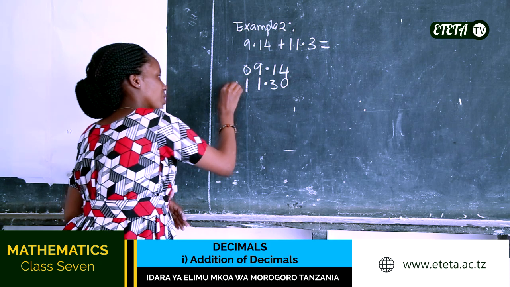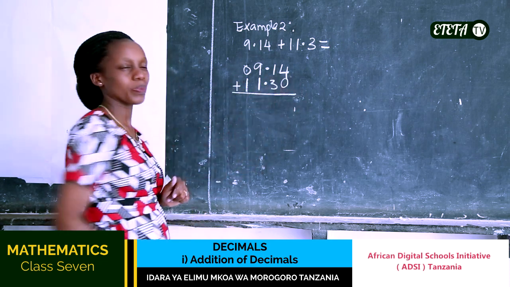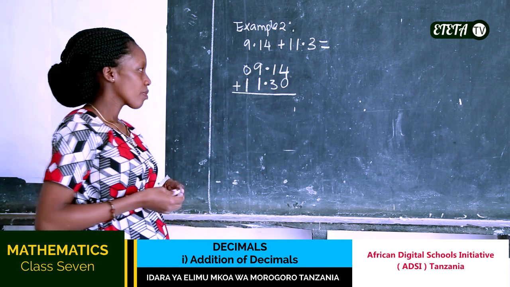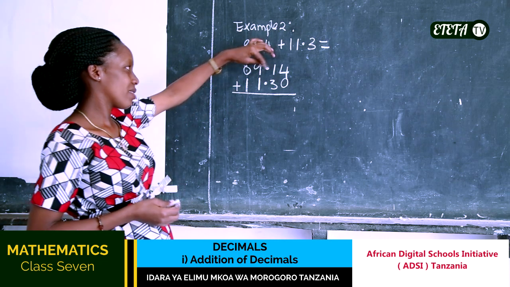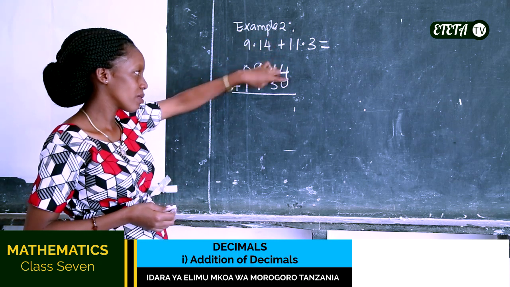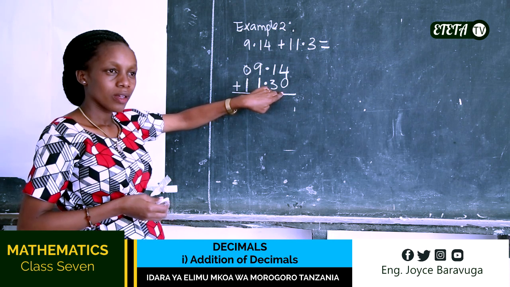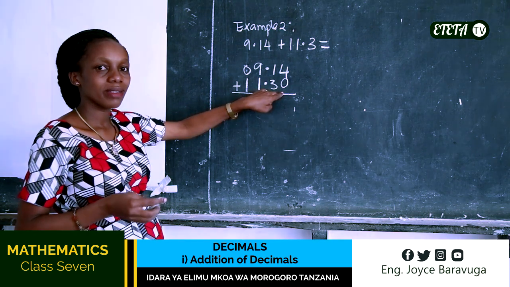Therefore, we are going to add as usual. We start with 4 plus 0. 4 plus 0 is 4.